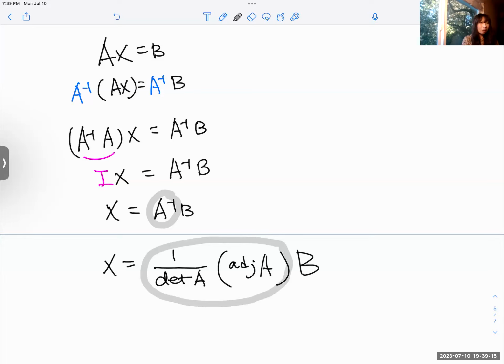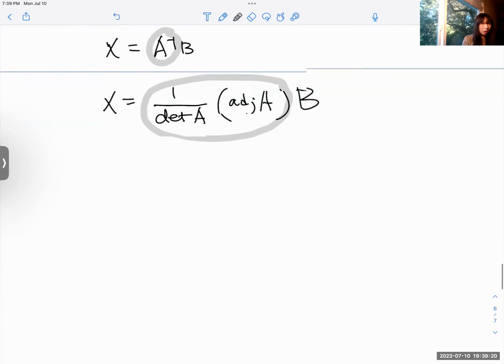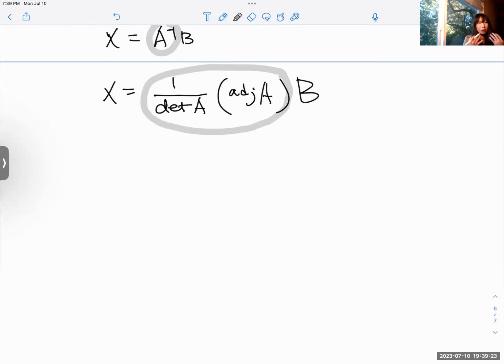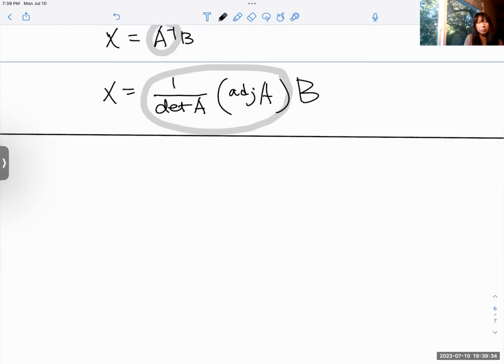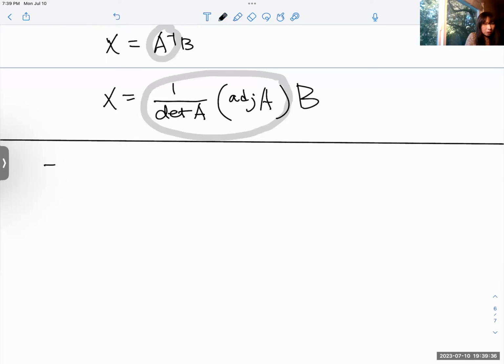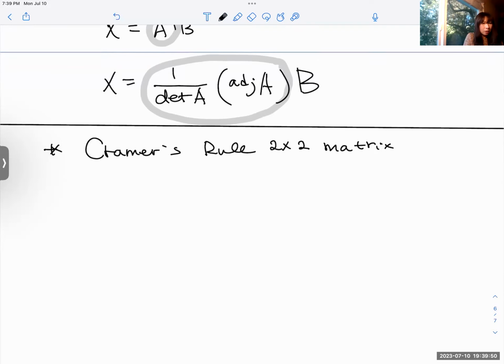Okay, now I want to make Cramer's rule directly. If we have a 2 by 2 matrix, let me see.